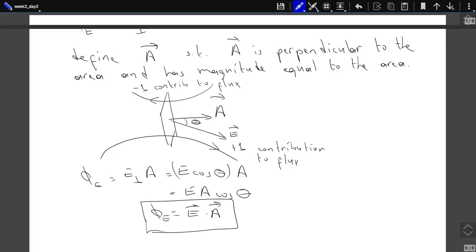Once you choose an area vector, once you choose a direction, you already know the magnitude, so you know the area vector. And once you have the area vector, you can just write the flux in vectorial form. The nice thing about writing expressions in vectorial form is that they will be, for example, independent of your rotations. If you rotate your coordinate system, this doesn't change. That's one of the main reasons why we want to use vector notation.